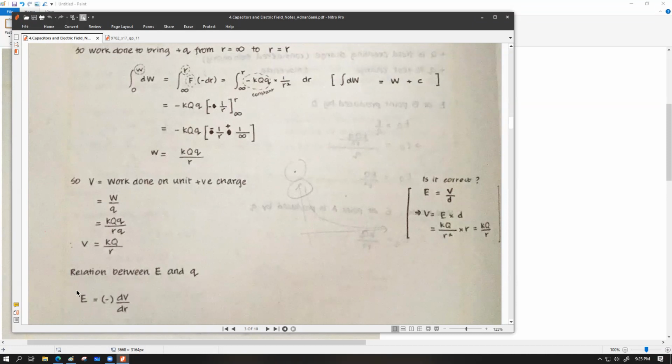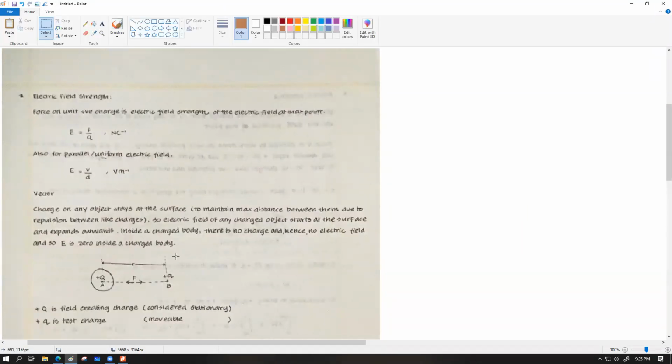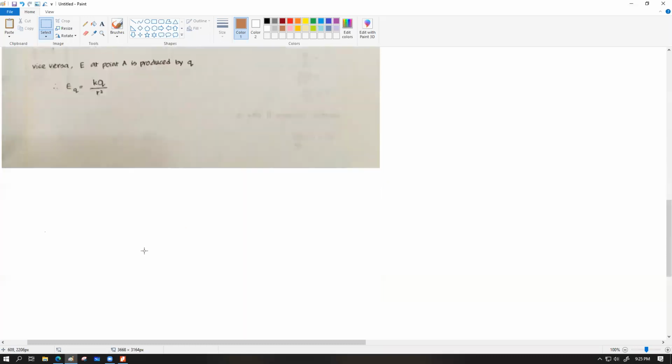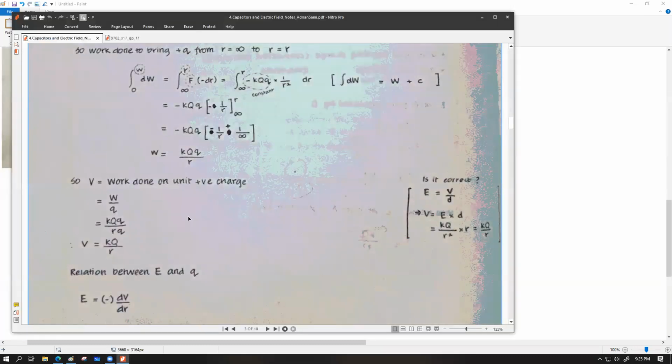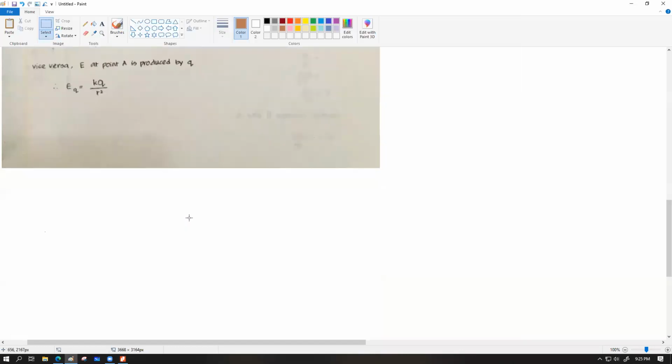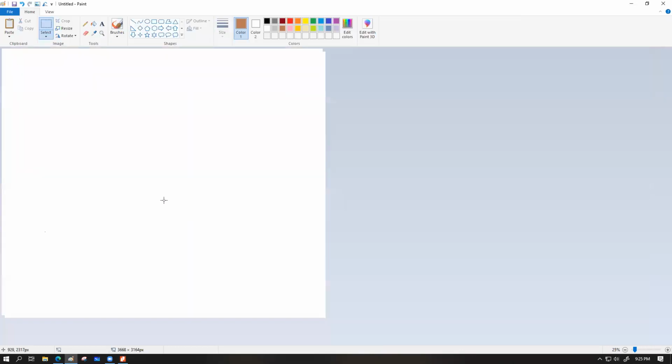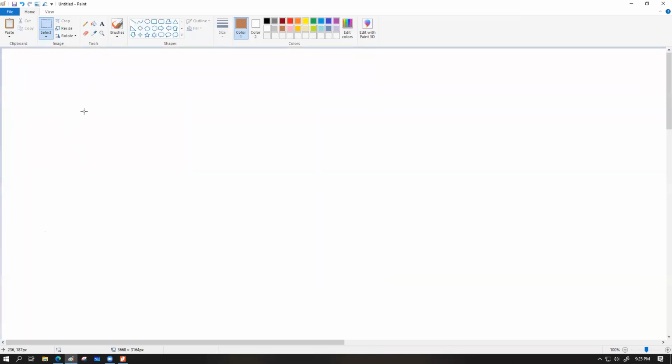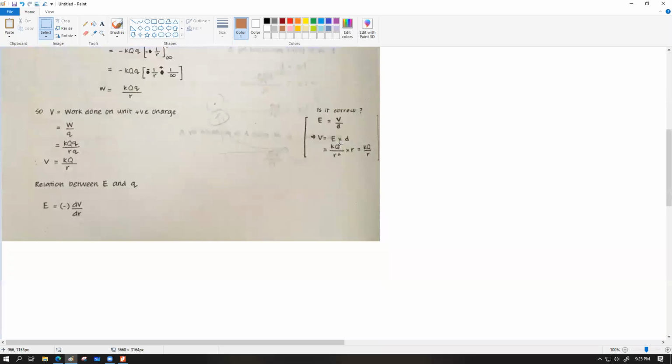If you wonder where this comes from, this is actually pretty simple. V equals what? Let me write here. What is the expression for V?